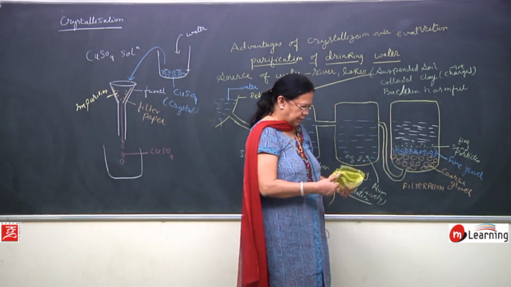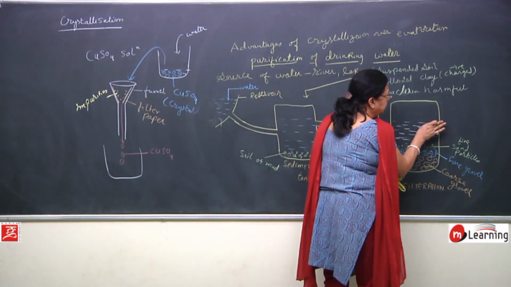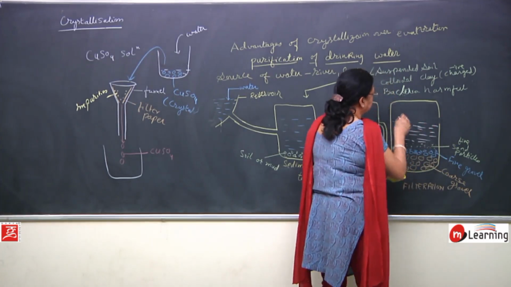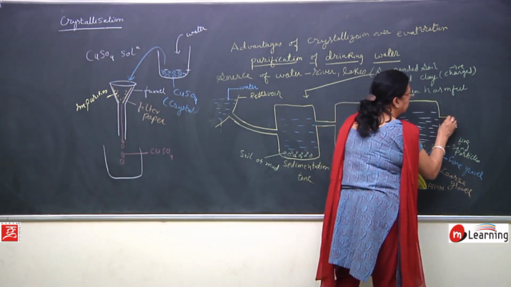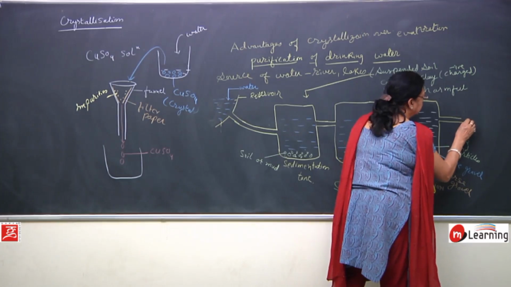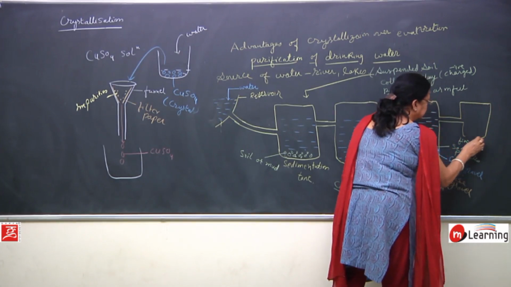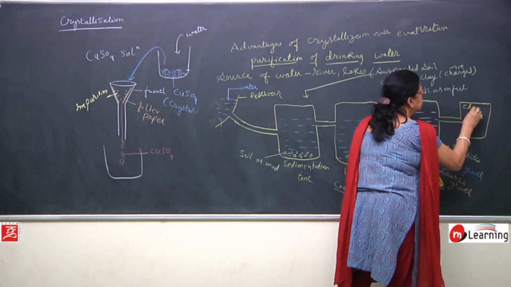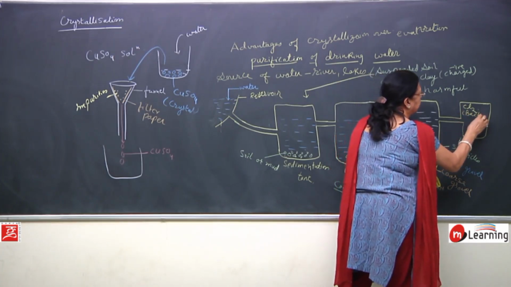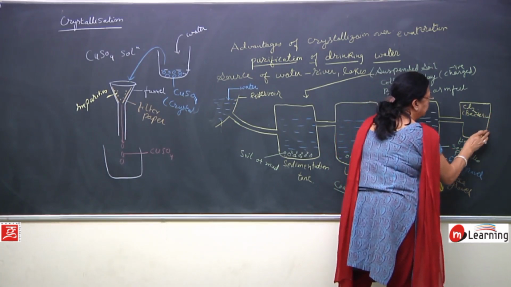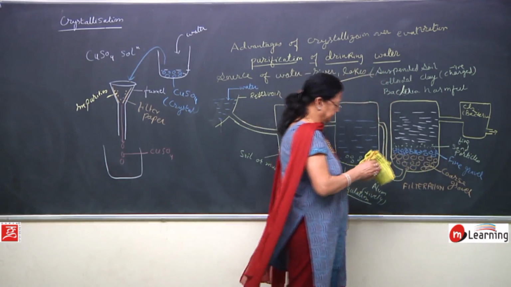Now, this water which comes out here still has bacteria. So, what is being done is that this water is now treated with chlorine. There is a chlorination tank which contains chlorine, and this removes all the bacteria, and now this water is fit for drinking.